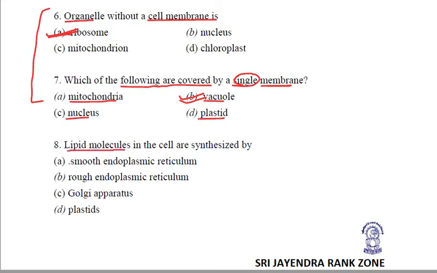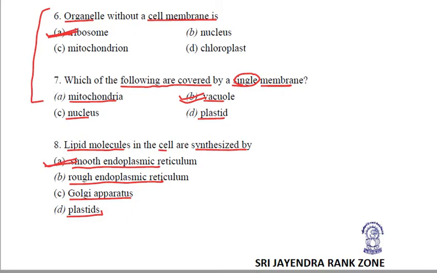Lipid molecules in the cell are synthesized by smooth ER, rough ER, Golgi apparatus or plastids? We already know the answer. We have just learnt all the functions of the cell organelles. The answer is smooth endoplasmic reticulum, because RER synthesizes proteins, Golgi apparatus does packaging and transportation, and plastids are colored or help in photosynthesis or storage.